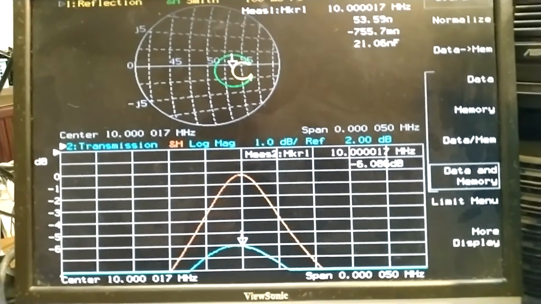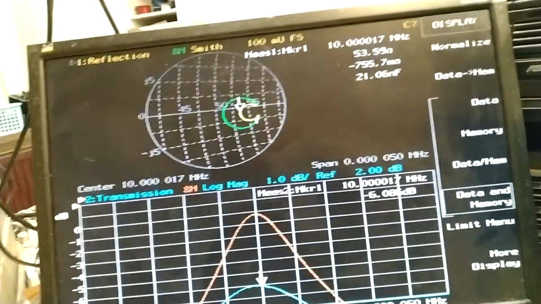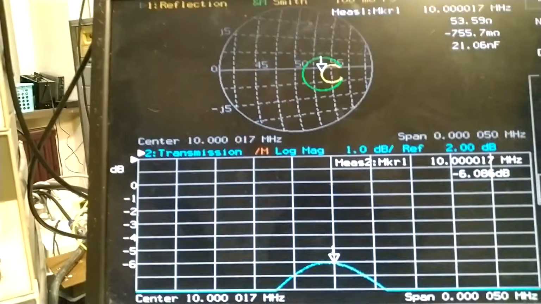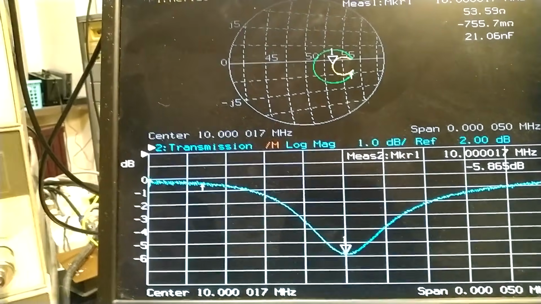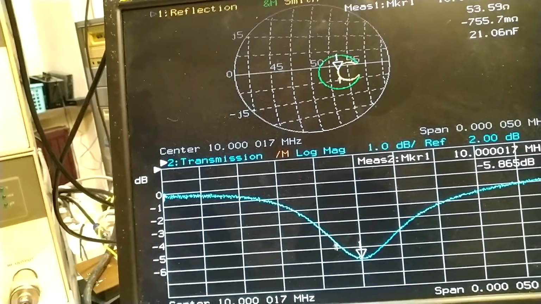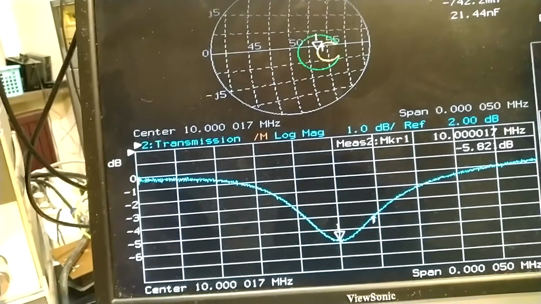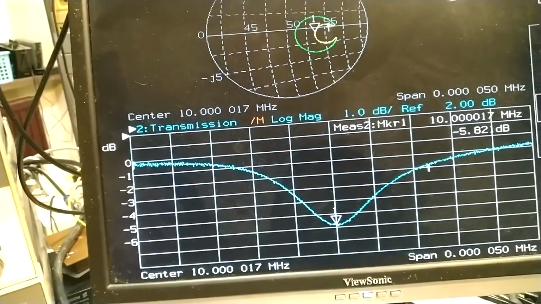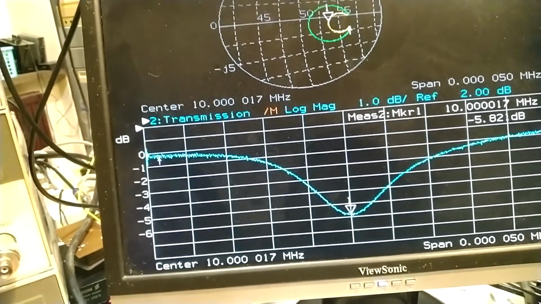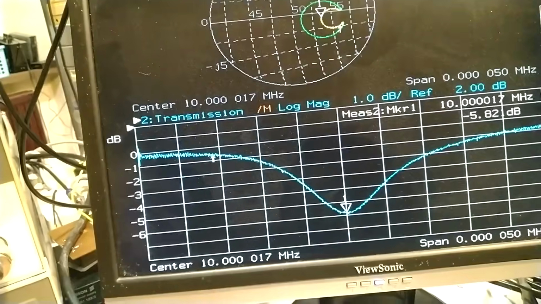And this has caused a loss of 6 decibels. I can look at the difference here, 5.8. So the impedance in this point is 3 kilo ohms. Means I will feed the amplifier from a 3 kilo ohm resistive source.